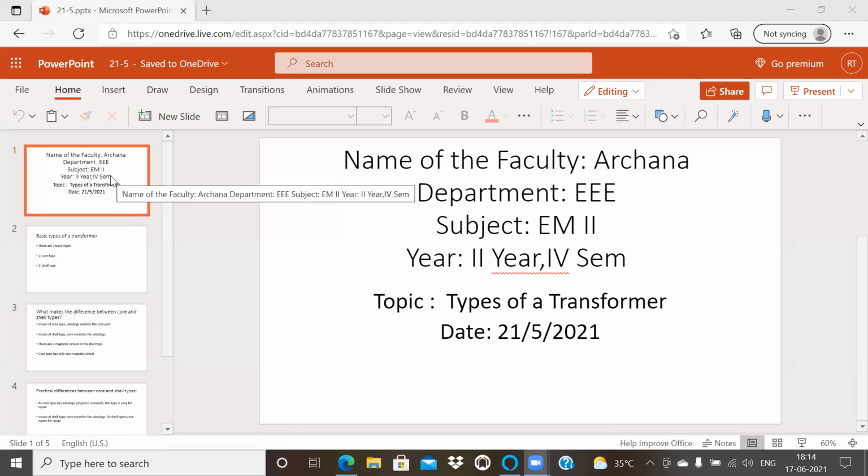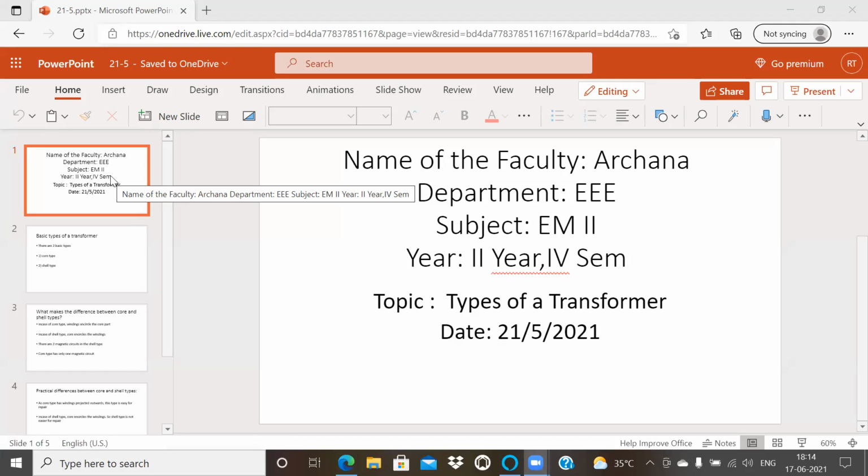A transformer is a static or stationary device by means of which we transform electrical energy from one circuit to another circuit without any change in its frequency, but with a corresponding either increase or decrease in the voltage and current levels.